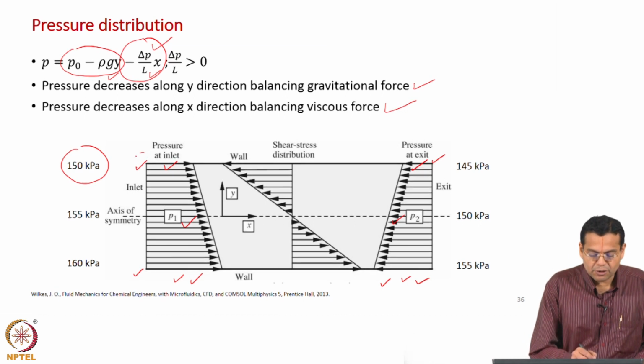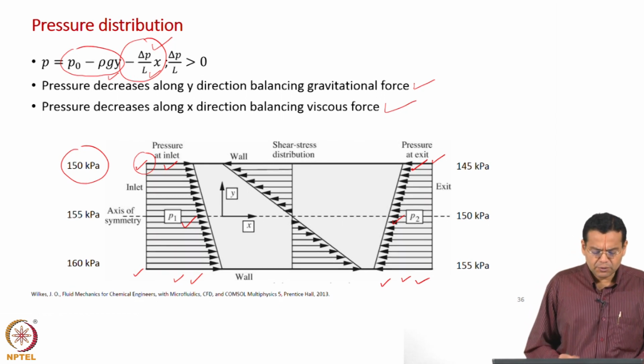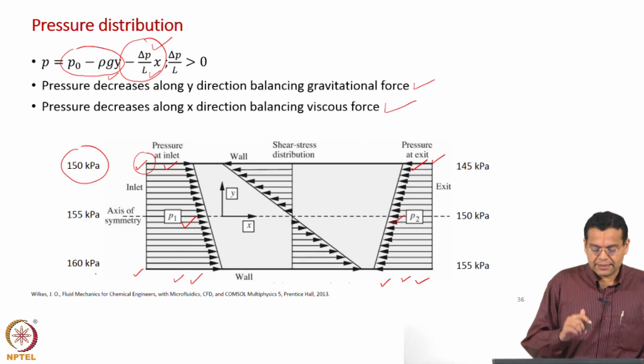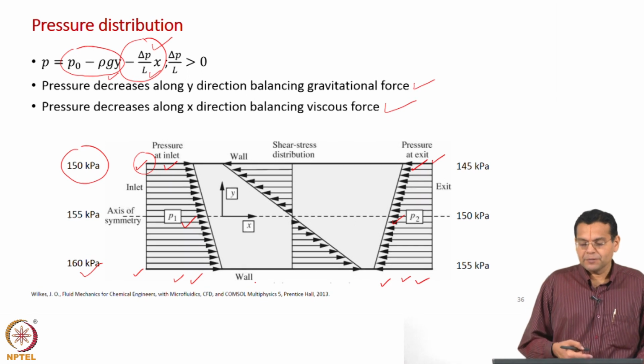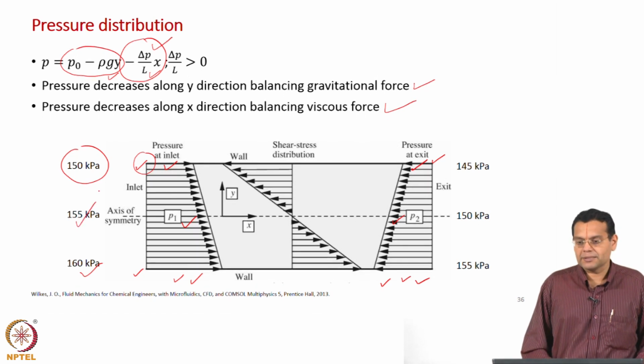At x equal to 0, y equal to plus h, at that point let us say 150 kilopascal. Now, let us say the distance between the plates is such that the pressure here is 160 kilopascal, it should be increasing. So, let us take there is some 10 kilopascal increase, and because pressure varies linearly with height, at the center line it will be 155 kilopascal.